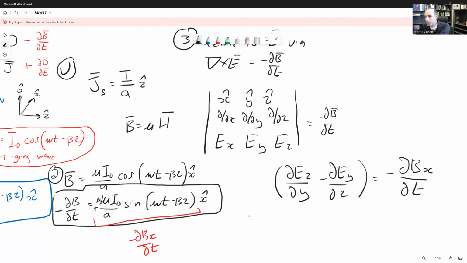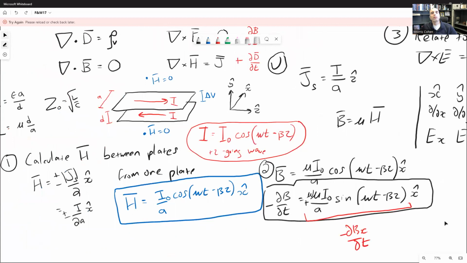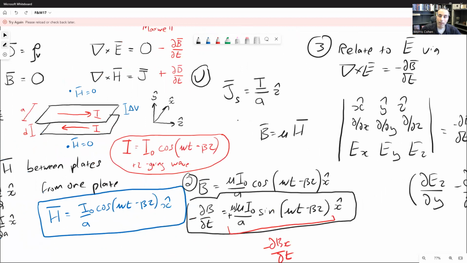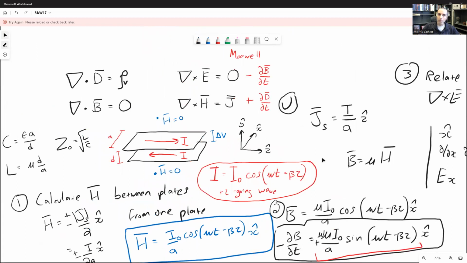And the reason we can assume dEz to be 0 is that we know that electric fields cannot exist parallel to conductors, right? These two conductors are both metallic, and so they're perfect conductors. And so any electric field that exists right at the boundary of this electric plate has to be perpendicular to it. In order to know that, by the way, we get that from Gauss's law, right? Gauss's law is what told us that electric fields can only exist perpendicular to perfect conductors. They can't exist parallel.